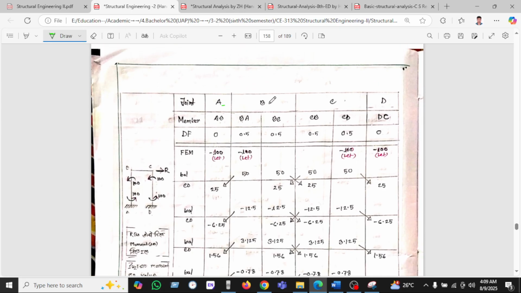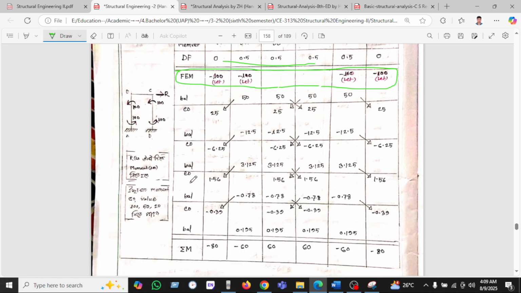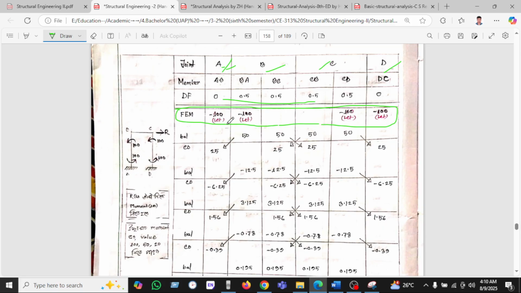The same joints A, B, C, D, the members and the distribution factors are given, but the change will be the moment distribution here. As we have shown, AB is 100. We could take it on the left; you can assume 50 or 20, you can assume many things, but we have assumed 100. BA is also 100.